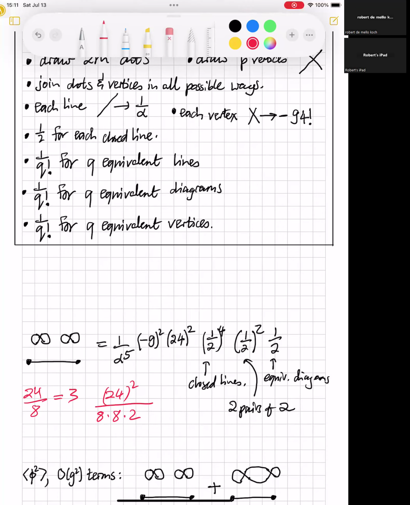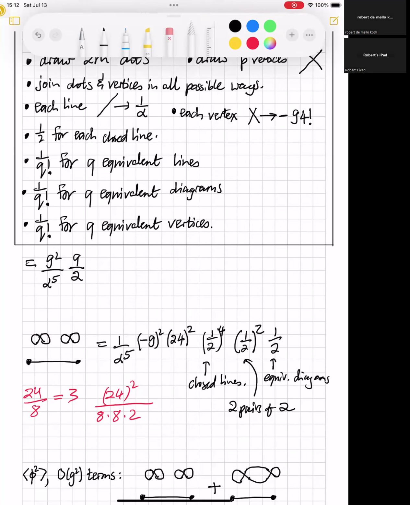The second 24 over 8 is 3. So that in the end, the contribution from this diagram is equal to g squared over alpha to the 5. So that's the g's and the alphas. And then the number we've just argued is 3 times 3, which is 9 over 2. Okay? So this is the answer that we get from the first diagram.